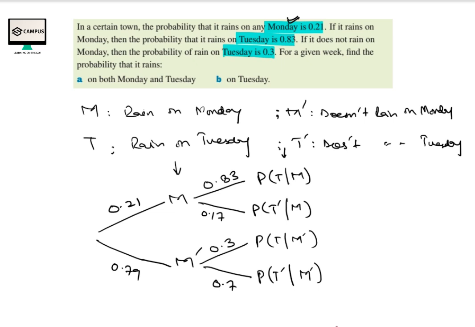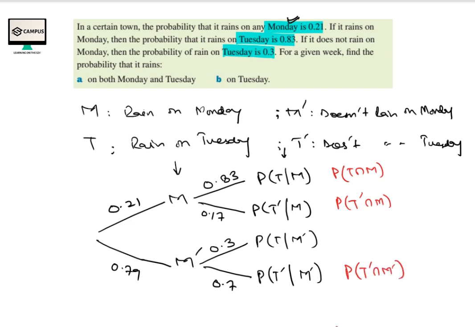We also call that the multiplication rule of probability. So this is nothing but the probability of T intersection M, right? And this one is nothing but the probability of T dash or T complement intersection M. And similarly for the rest two as well. For example, this one is the probability of T complement intersection M complement, right?